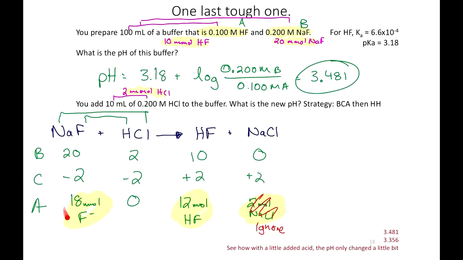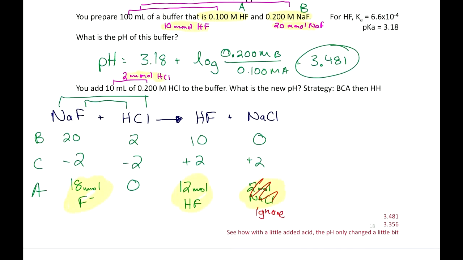See how I converted some of the base into the conjugate acid, and that is what changes the base to acid ratio. So our pH now, just like before, we're going to take the after line, but ignore NaCl because it's pH neutral, and say, okay, pH equals 3.18 plus log. What number goes up top, 18 or 12? 18.